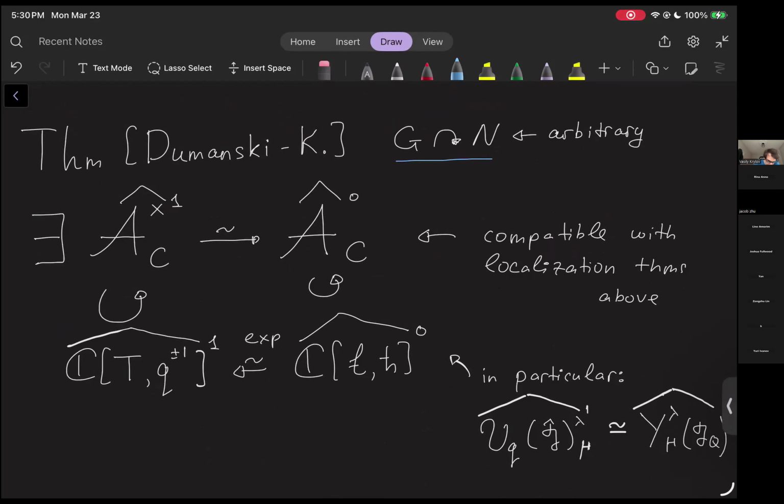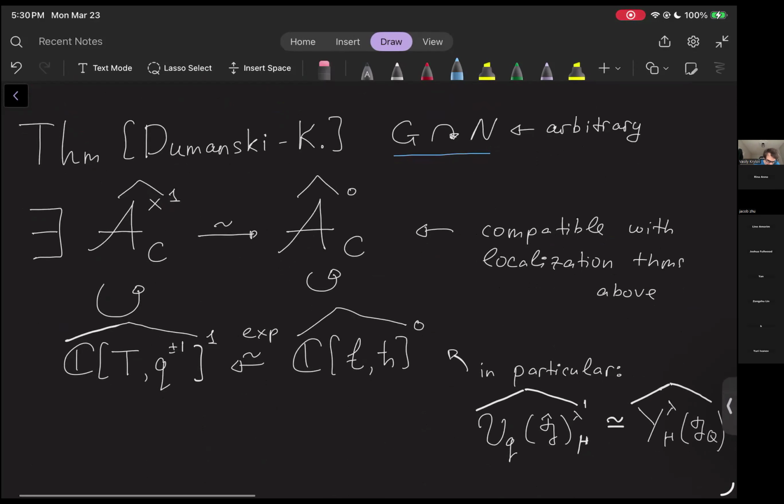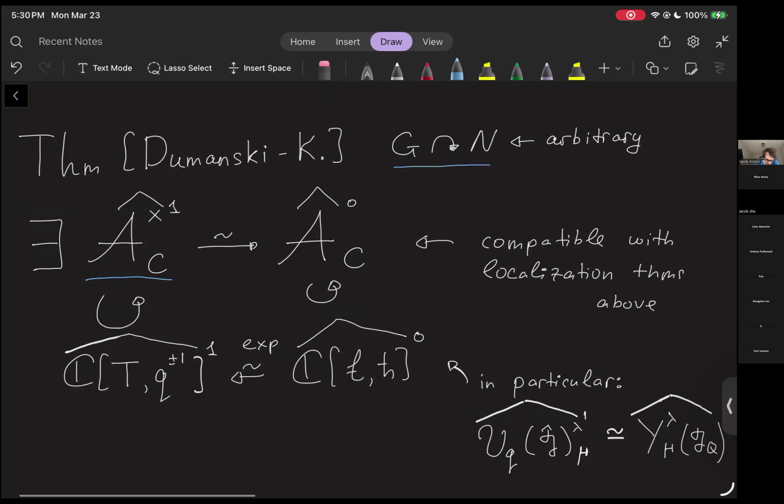So if you take the completion of the Coulomb branch algebra at 1 as a module over this integrable system thing, then it will be naturally isomorphic to the completion of the additive Coulomb branch at 0. And this isomorphism is compatible with all of these localization theorems that we discussed before. In particular, the corresponding algebraic objects are also isomorphic.